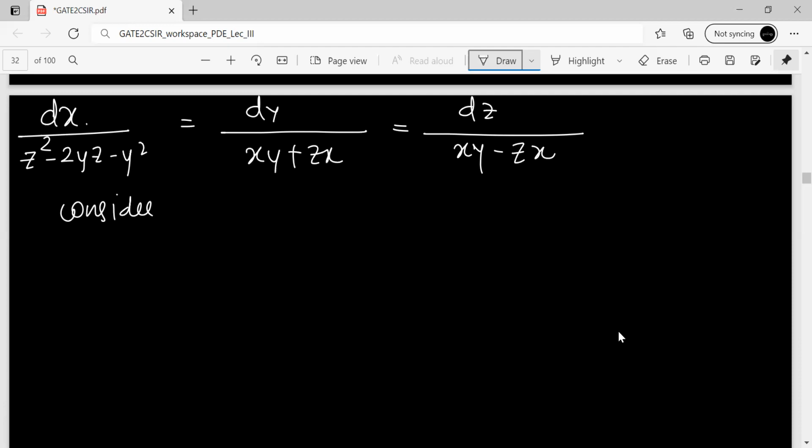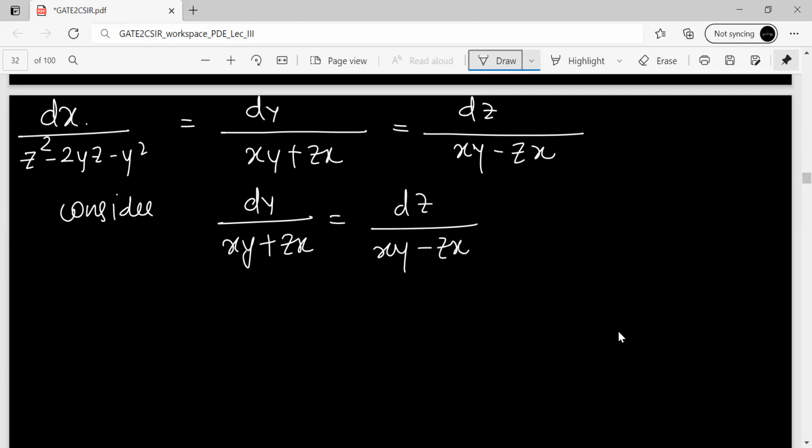So consider I'll take these two parts because I can see if I play a little with this zx, then I'm done. Watch out. So dy over xy plus zx equals dz upon xy minus zx. Now, can I do this?